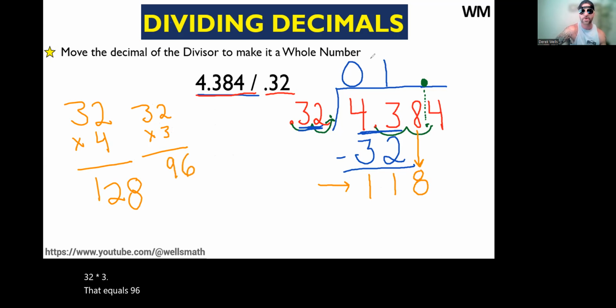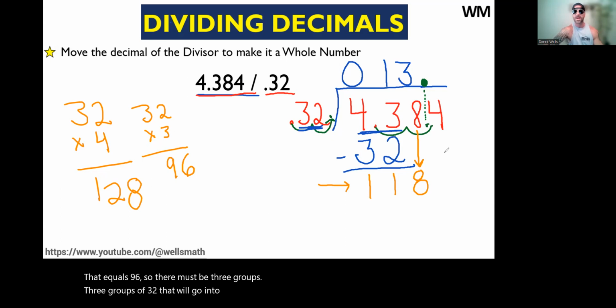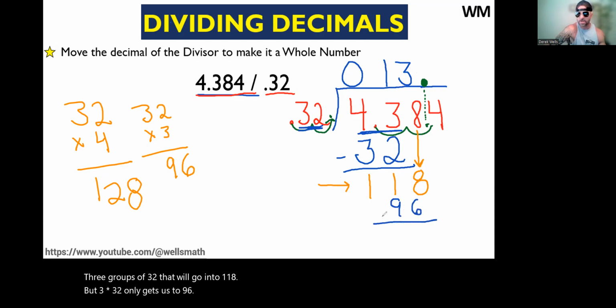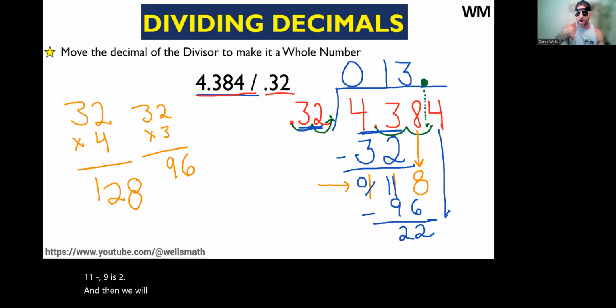So there must be 3 groups of 32 that will go into 118. But 3 times 32 only gets us to 96. So we will subtract. See, that's a 2. 1 minus 9, we can't do that. We'll need to borrow. Make that an 11. 11 minus 9 is 2. And then we will bring down our 4.